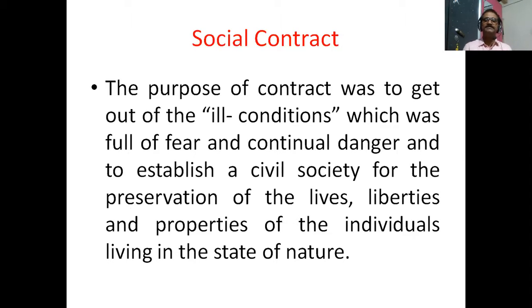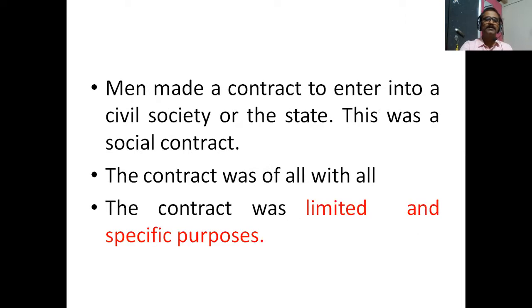The purpose of the contract was to get out of the ill conditions, which were full of fear and continual danger, and to establish a civil society for the preservation of the lives, liberties, and properties of the individuals living in the state of nature. That was the purpose of the contract. They wanted to get out of the precarious position of the state of nature. So that is why people entered into contract.